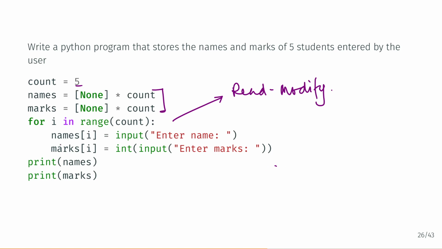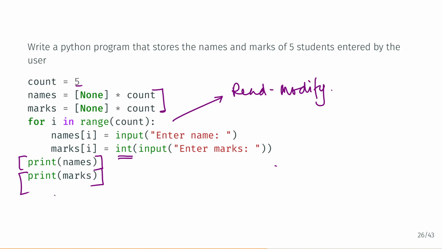Okay, so what happens here is, inside the loop we say names[i] equals input, enter name, marks[i] equals int(input), enter marks, and that's it. Simple, right? So for each of the names we ask the user for the name, and for each of the marks we ask the user for the marks, and save it as an integer, and then at the end of this program we print the names and the marks.